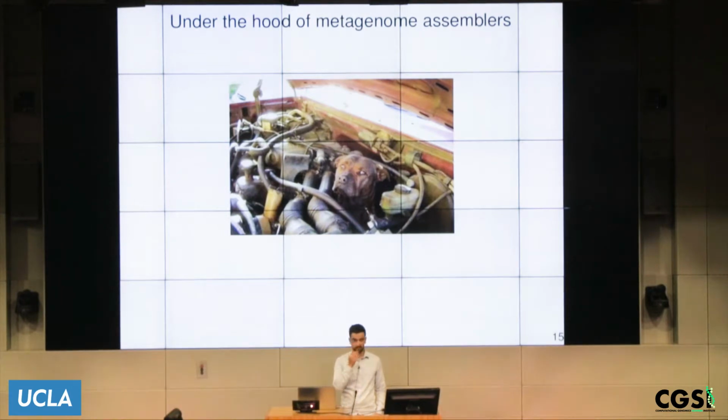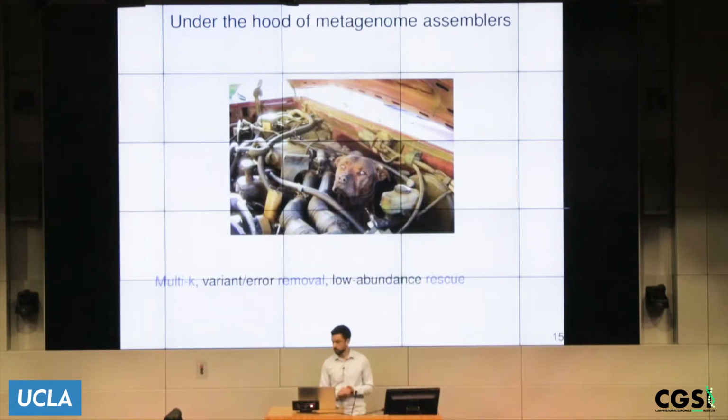All right, so this talk is actually under the hood of metagenome assemblers. So we'll talk about three different aspects. One is MultiK. The other one is low abundance recovery, rescue. And the last one is how we actually remove sequencing errors and strain variants from the graph in order to obtain an assembly.